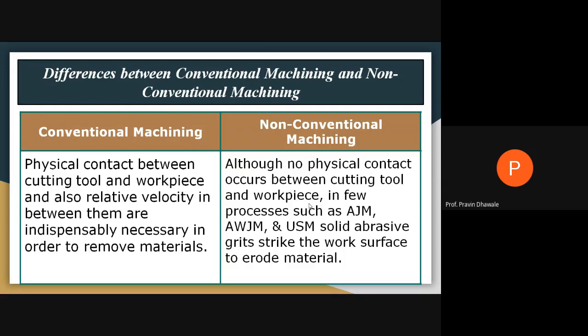There will be no need to have a tool, but in certain cases it may be required. In ultrasonic machining, we require the tool, but there will be no direct contact of that tool with the workpiece. We are using certain kinds of abrasive particles, small tiny sharp edge particles, and they remove the material from the surface of the workpiece by the action of erosion.